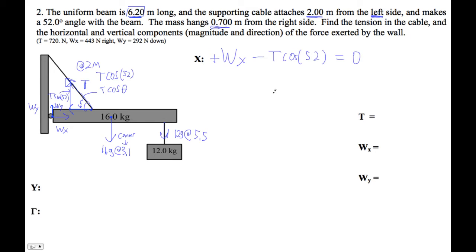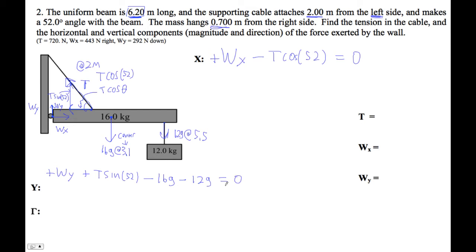All right. In the y direction, I've got, let's see, wall in the y direction plus T sine 52 minus 16 times 9.8 minus 12 times 9.8, and then that's it.